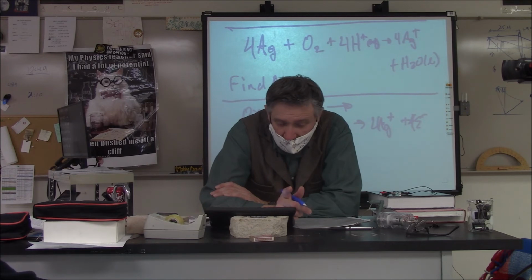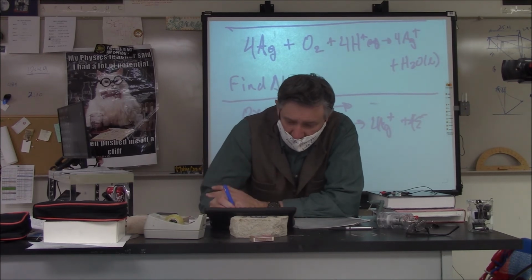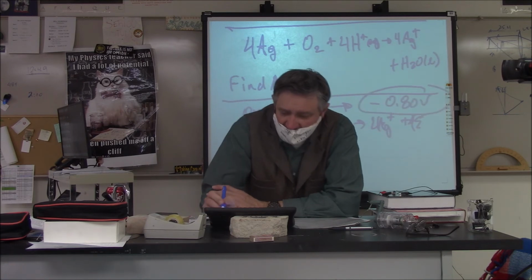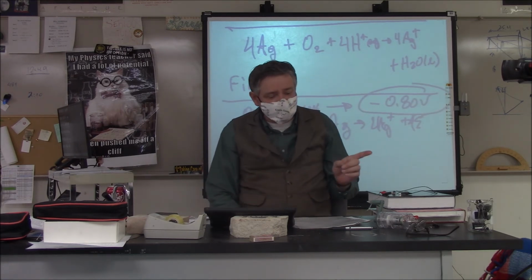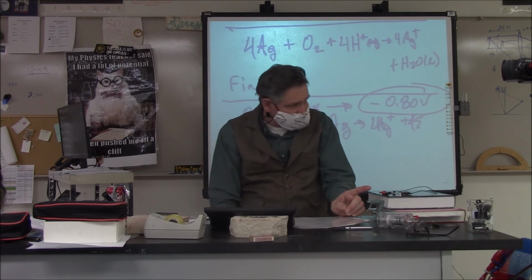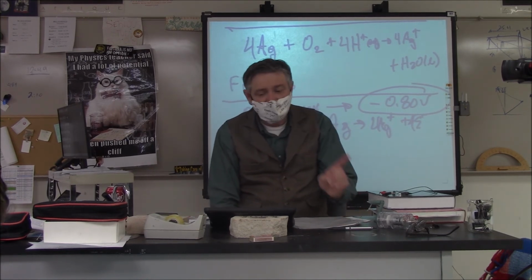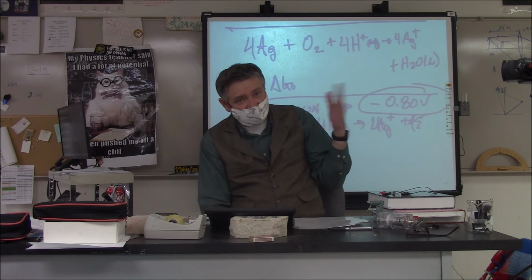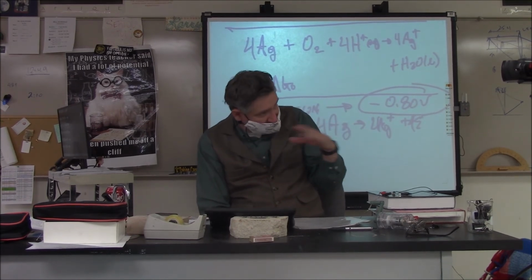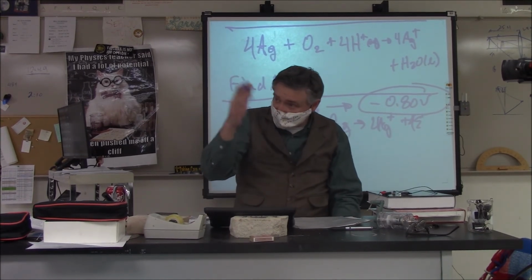For the oxidation of silver, negative 0.8. Why negative? Because it went in the opposite direction. Bingo. Okay? So my E naught value for the silver is going to be negative E naught. So that means this part of the reaction has a negative E naught. It's the reverse of what you have, right?